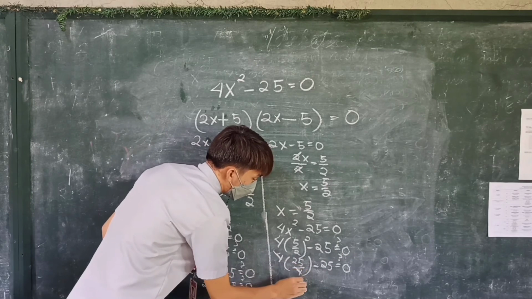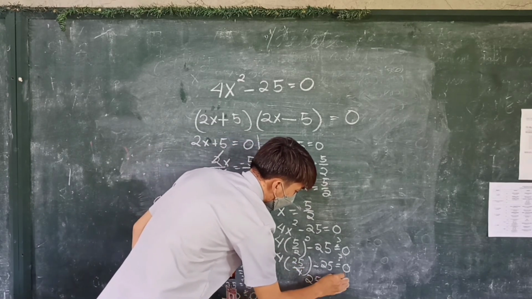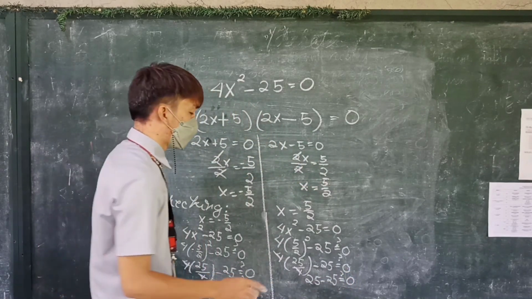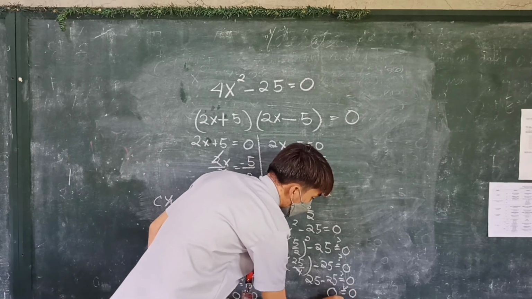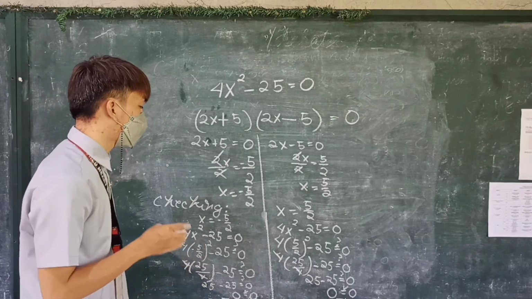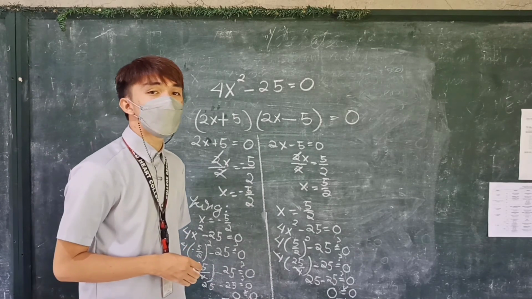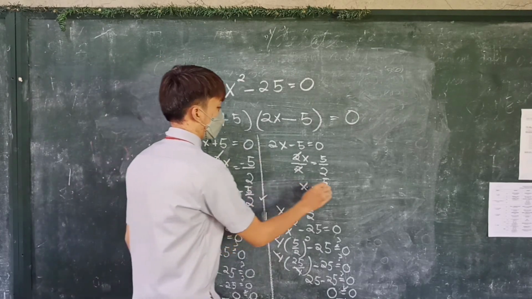Cancel 4. 25 minus 25 equals 0. So it's true. So both values of x, or their roots, negative 5 over 2 and 5 over 2, satisfy the given equation. So correct.